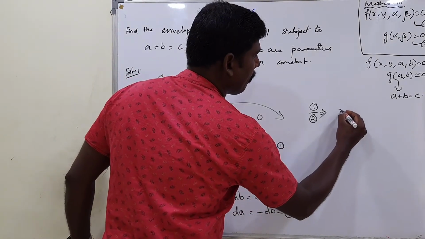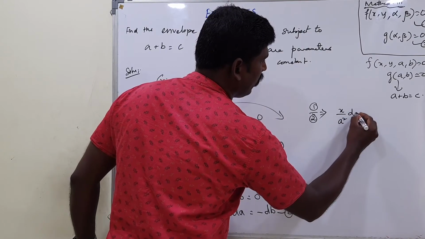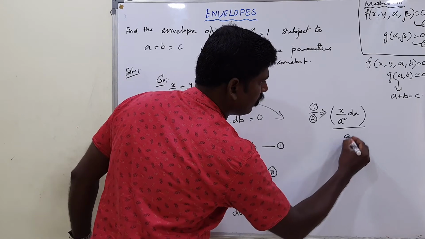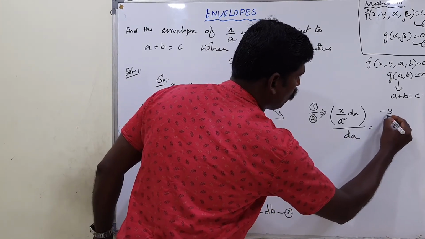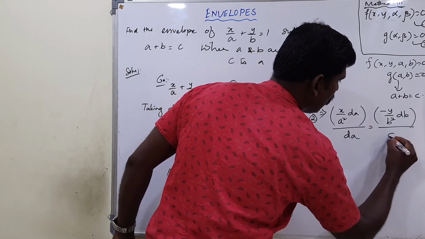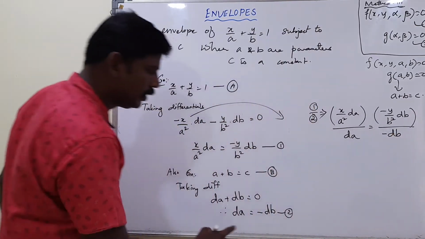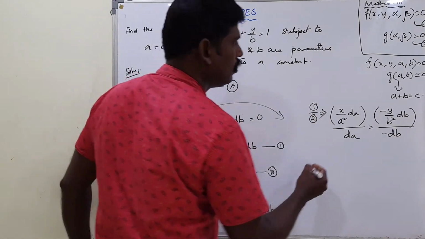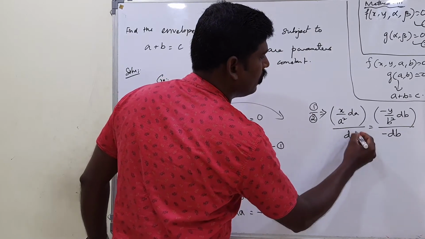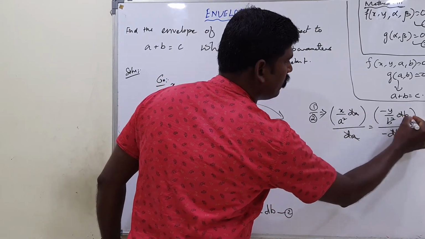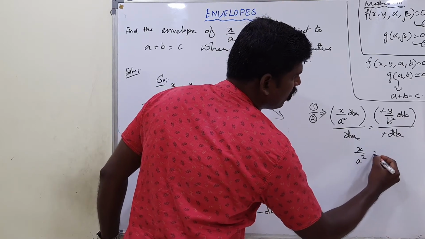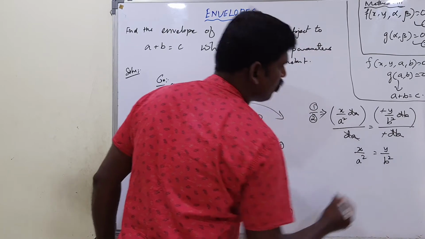So x by a square into dA by dA is equal to minus y by b square into db by minus db. The dA cancels with dA, db cancels with db, and the minus sign cancels with the minus sign. So x by a square is equal to y by b square.